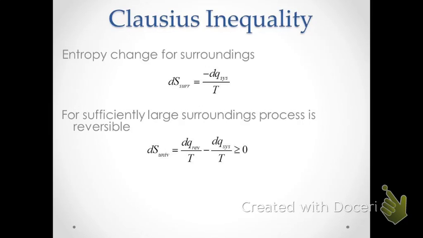So when we take this total universal change in entropy into account, where we look at the entropy change for the system, which is the first term here on the left, and then the entropy change for our surroundings, which is the second term, because we have this situation where dS for the surroundings is equal to negative dq for the system over T. We know the second law of thermodynamics requires that these two terms together must be greater than or equal to 0.